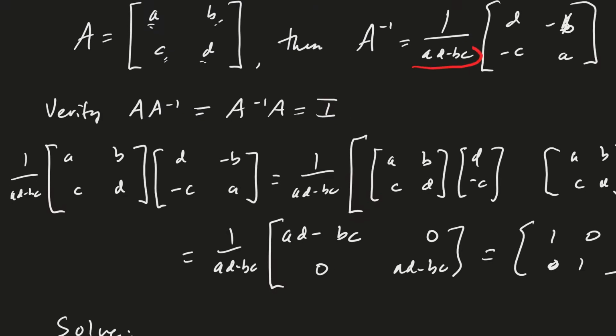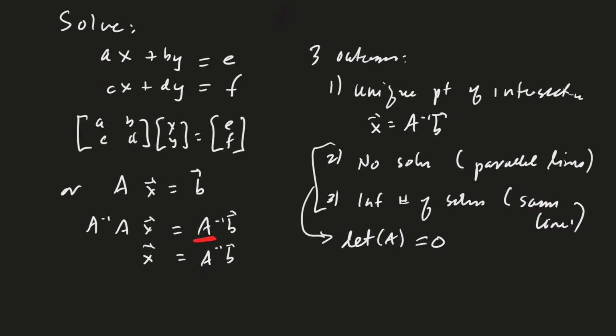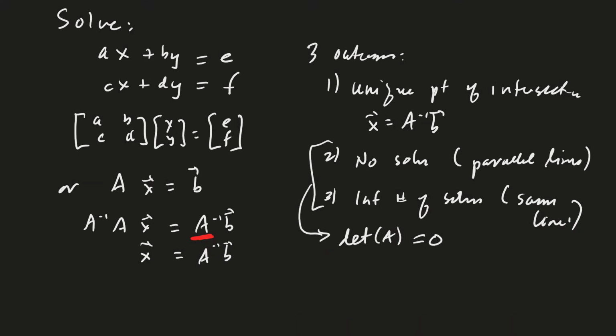If this is equal to 0, then what can you say? That means if 0, A inverse does not exist. Okay? Which means that you have one of these two cases. There's either no solution or an infinite number of solutions. Okay? Good.